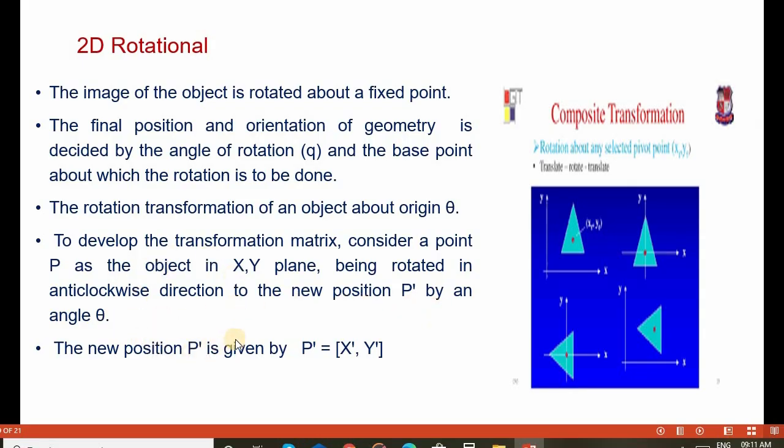Theta is the angle of rotation. The initial point x, y is rotated through the angle theta to get the new rotated object P dash, equal to x dash, y dash. The x dash and y dash are the new rotated object coordinates.